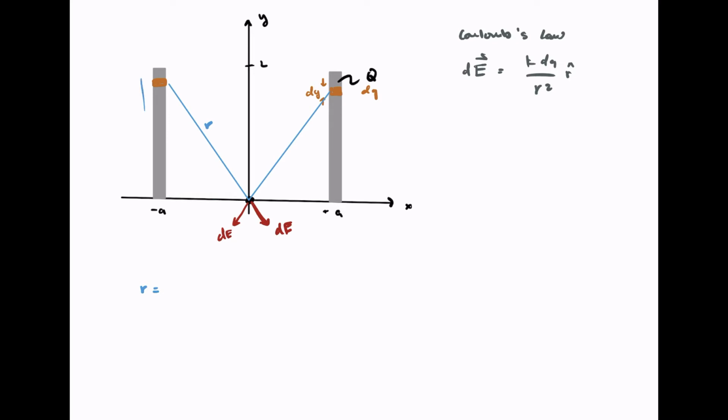But we also said we're integrating along y, so this value would be y, and y can change. a can't change, but y can change. So R is the square root of a squared plus y squared, where a is a constant and y is a variable. We also have this dy that's going to come back to haunt us later, but that's where we're at for this.